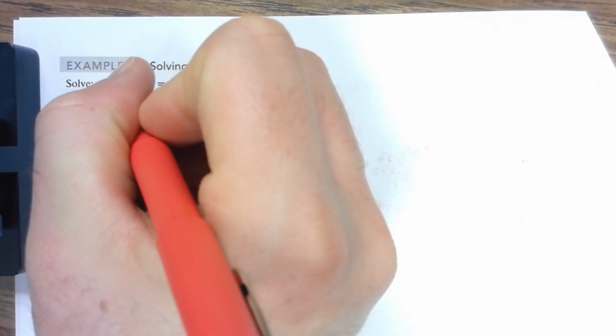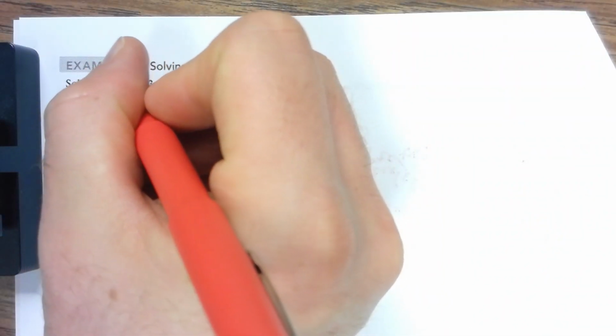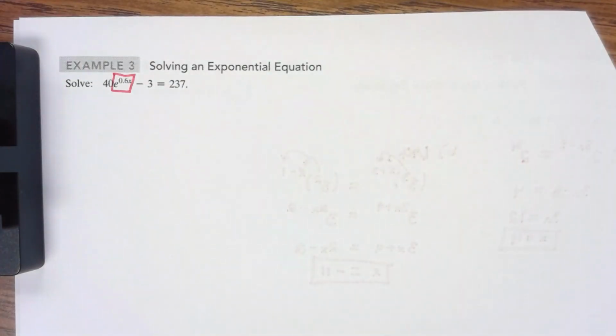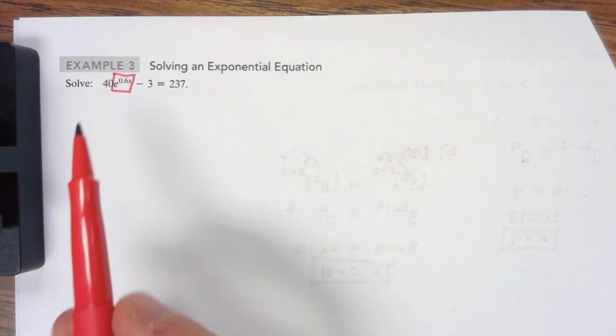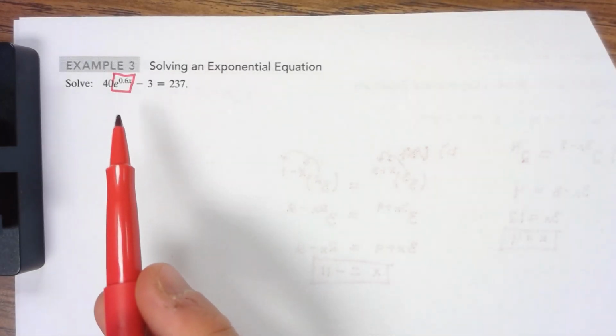So the first thing that we need to accomplish is we need to get this e to the power of 0.6x by itself. That's going to always be your first step when solving exponential equations. Isolate that exponential term, which includes the base and the exponent itself. So this is just some of our basic solving things we've done before. I'm going to add 3 to both sides.